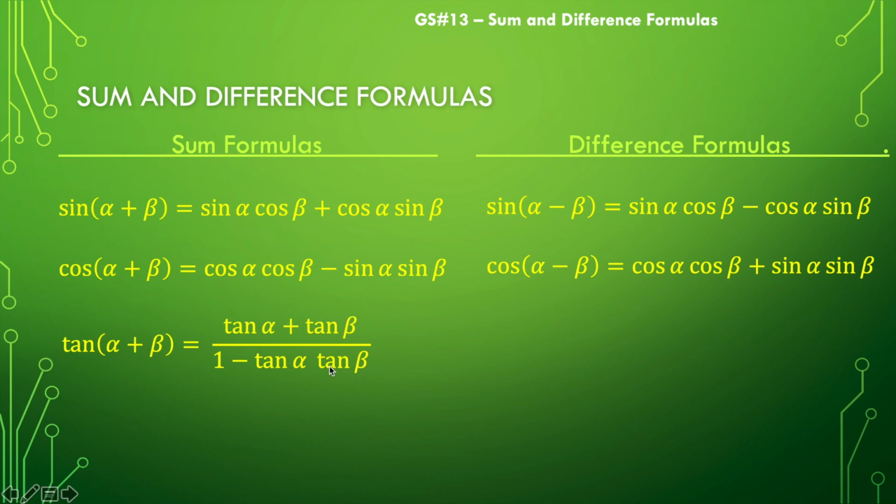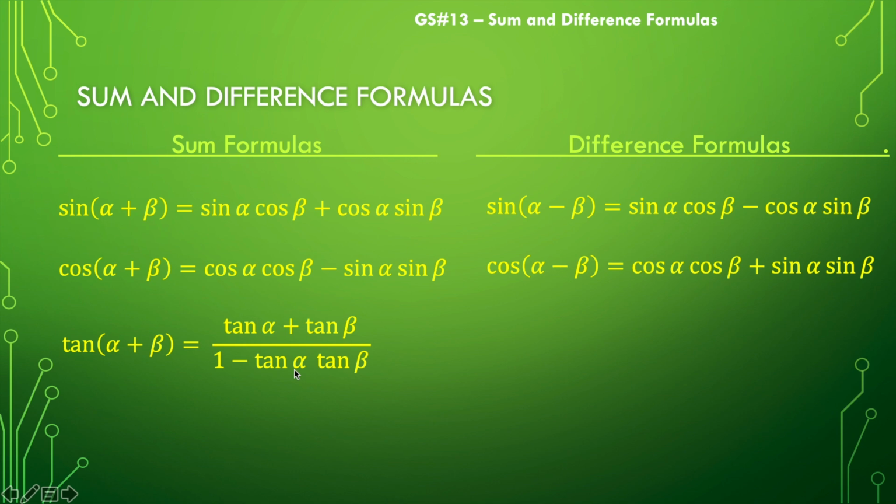For tangent, we know tangent is the ratio of the sine and cosine, and it's no different here. So we've got a ratio going on as well. Notice that the numerator signs are the same and the denominator sign is different.